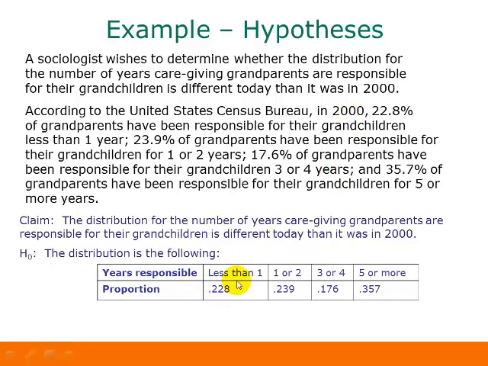So here we are just putting the values in a table to make it more clear. So we have the number of years responsible, and then for each one we have the percentage that we were given up here just turned into a decimal form. So that's the claimed distribution. Our alternative hypothesis is that the distribution is different than this one that's given in the null hypothesis.